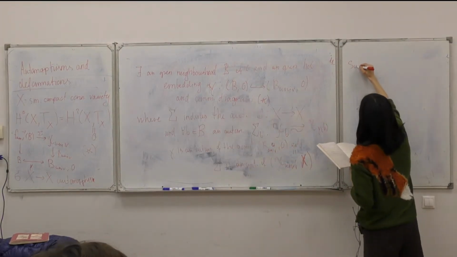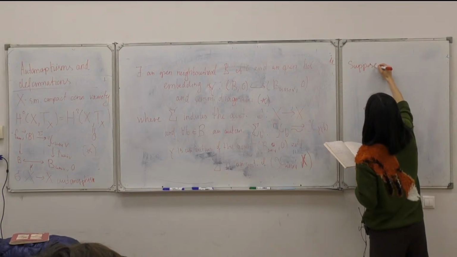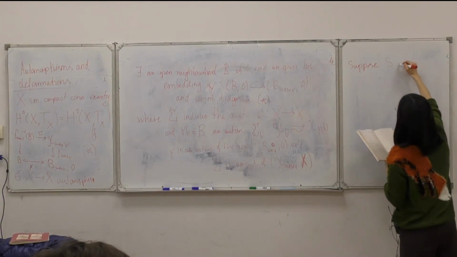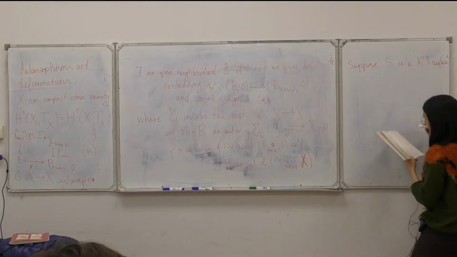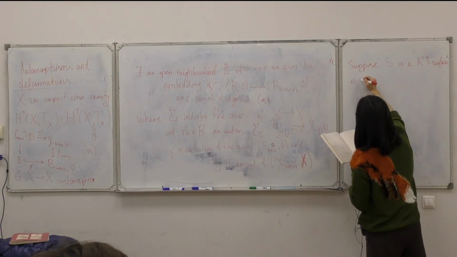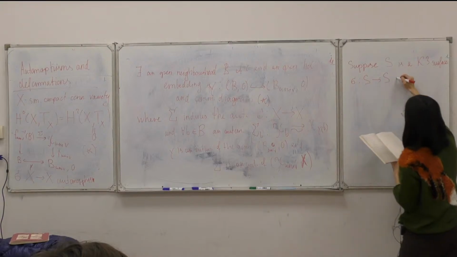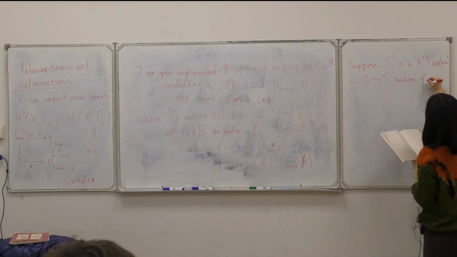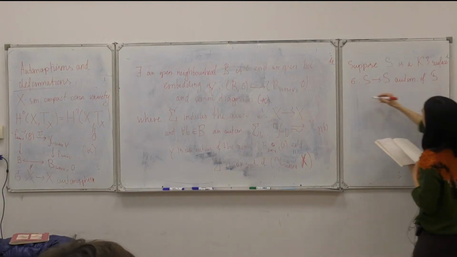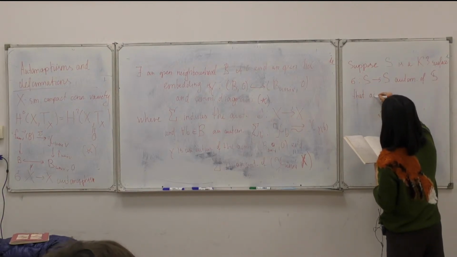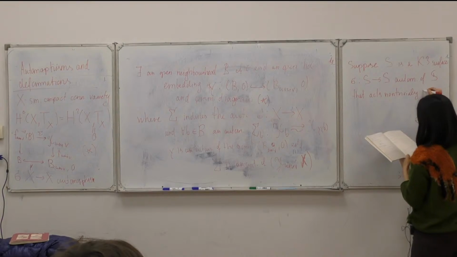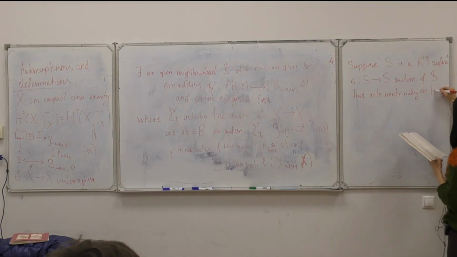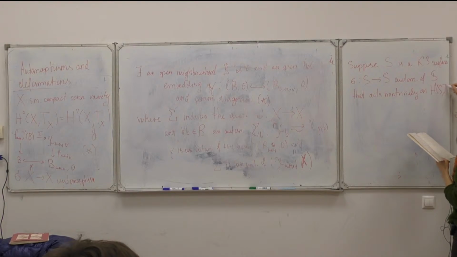So suppose we have a K3 surface, and suppose we have an automorphism of S that acts non-trivially on H^1(S, T_S).